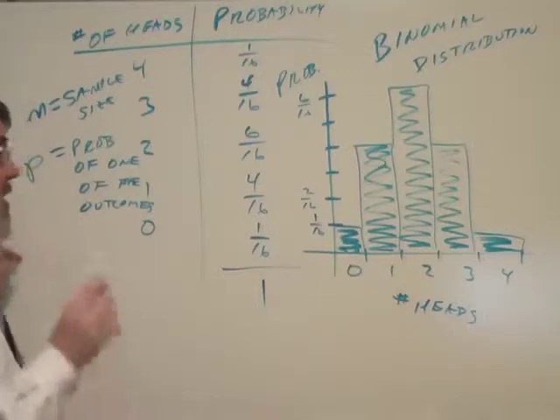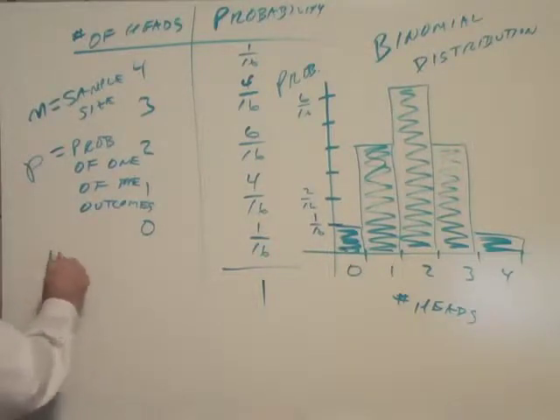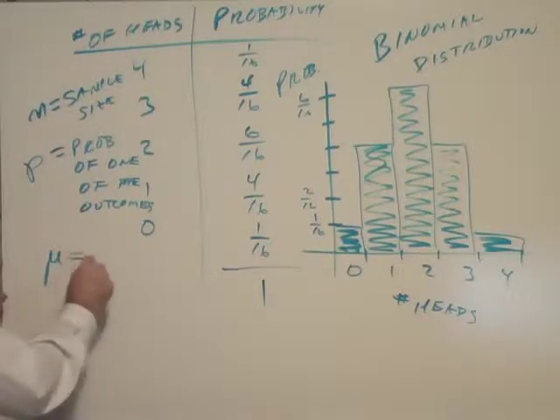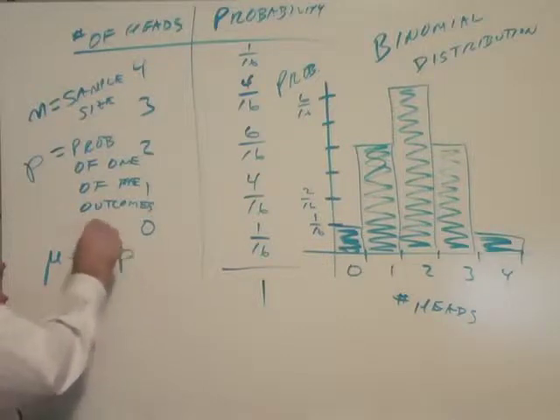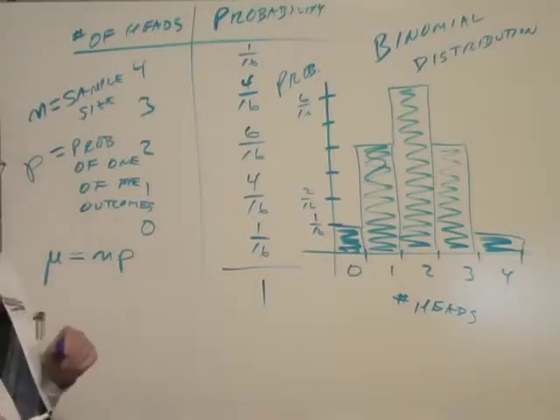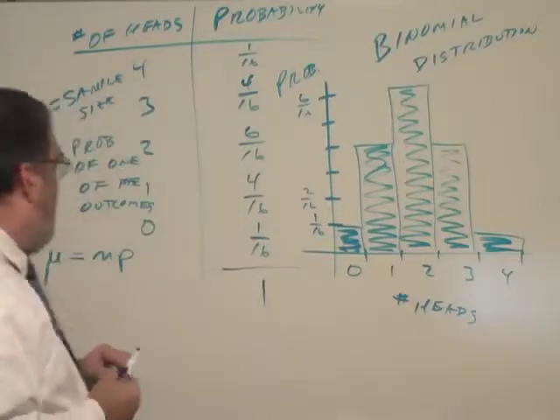Then it turns out that the population mean for a binomial distribution is the sample size times this probability of one of the two outcomes.